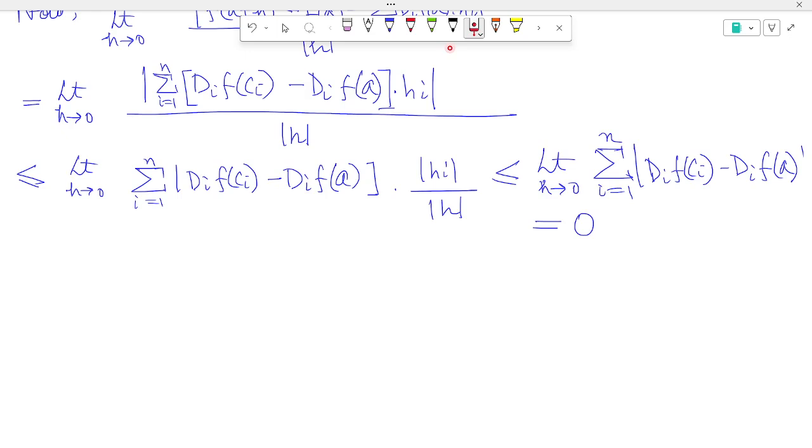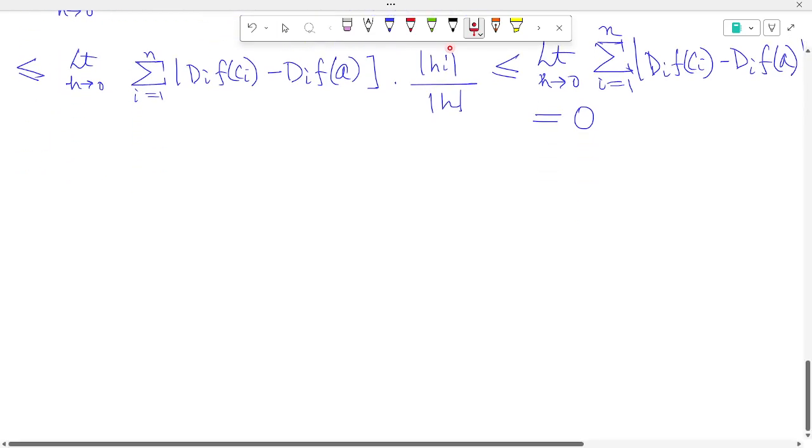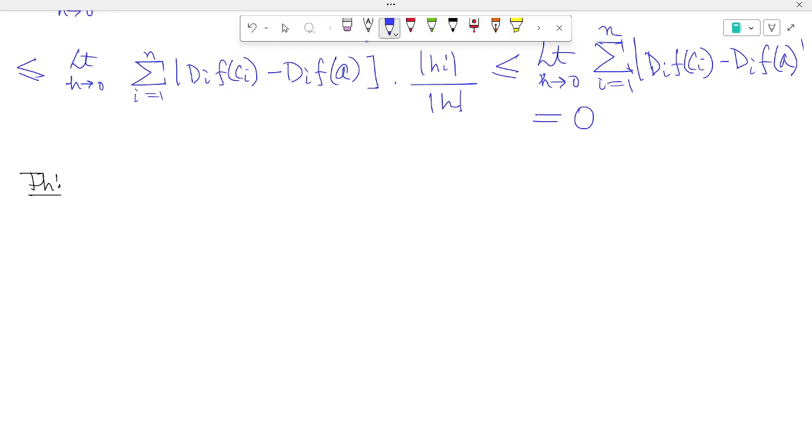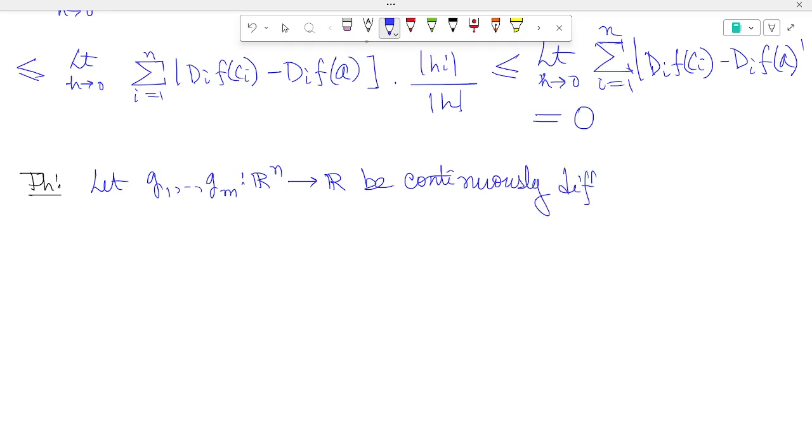It is about the Jacobian matrix, of what I have said about the differentiation. My theorem is: let G1 to Gn be continuously differentiable.